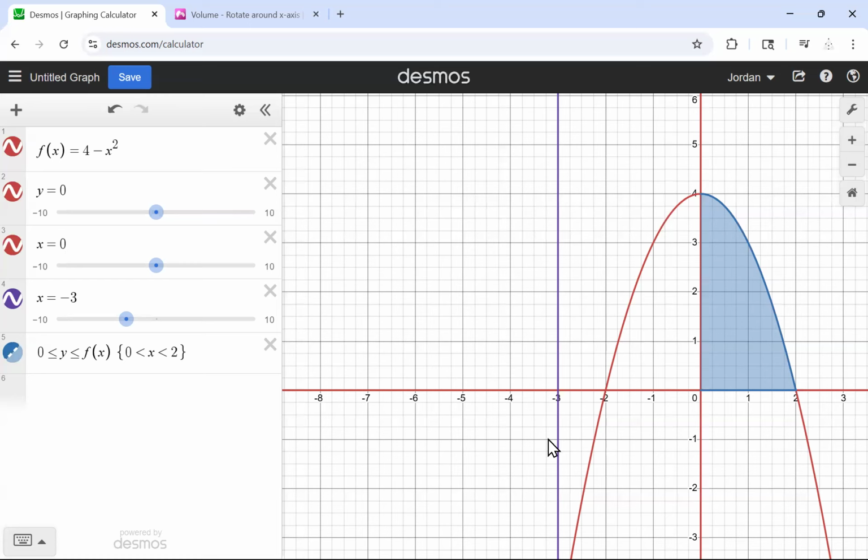The shell method does that on its own. It just says we're going to rotate each of these rectangles around and we're going to use the x values between 0 and 2. And when I do that, I'll be left with a hole in the middle, but that's just fine. Our calculations dealt with that.